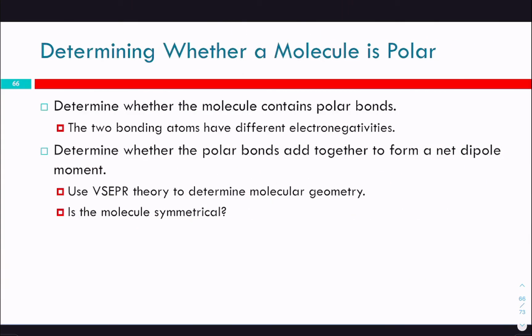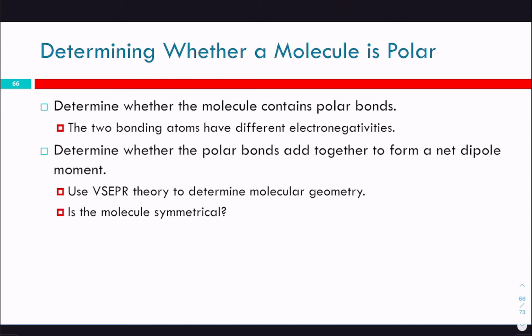So you can also look at this another way. You determine whether the molecule contains polar bonds, so the two bonding atoms have different electronegativities. And then determine whether the bonds add together to form a net dipole moment. If you have perfect symmetry like this, it would be nonpolar. So we have our tetrahedral, and then they're all hydrogens.